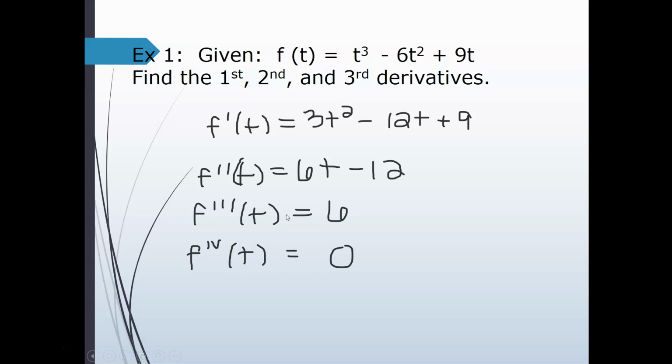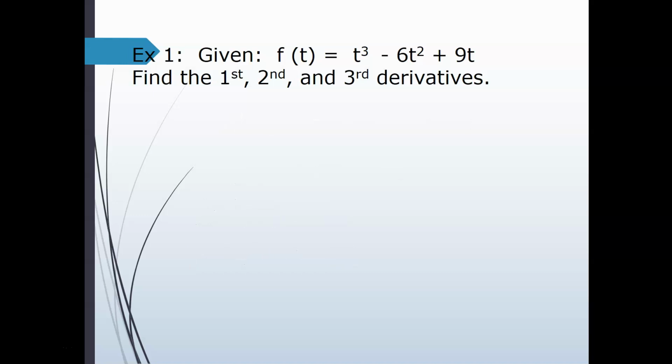All right, your homework's going to be in the book. I'll write down the problem numbers for you. Is everybody done with this example? Oh, that's really hard to see.